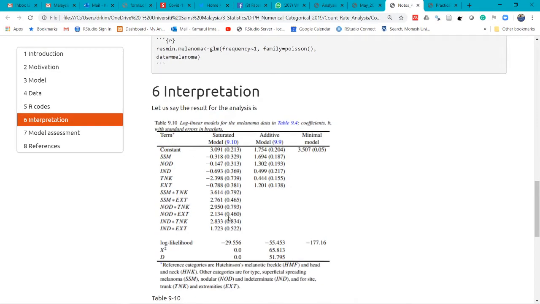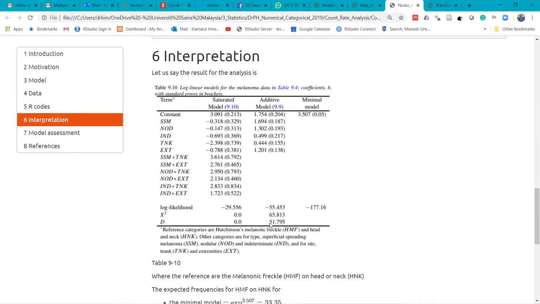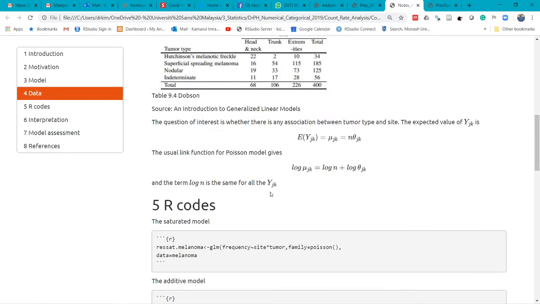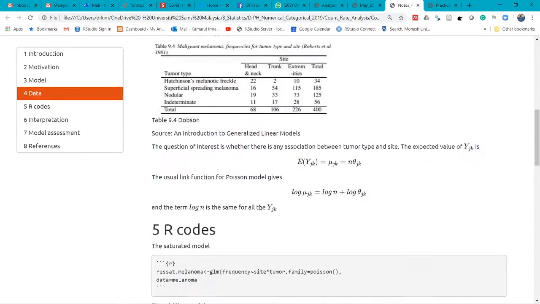So this is in table 9.10, in the same book, where this model was run from this data set.